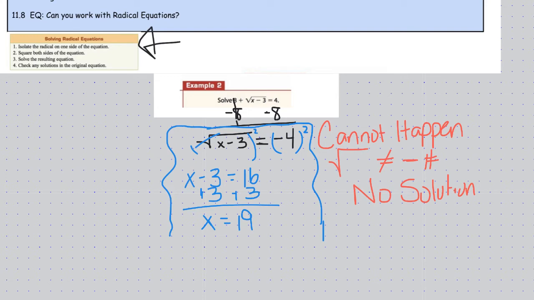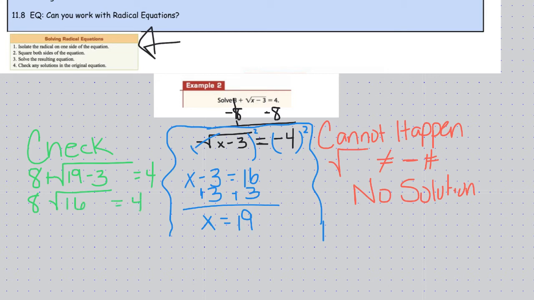Well, you're saying, well, Ms. Peacock, it has an answer. So let's check that answer. We're going to plug that 19 in. That says 8 plus the square root of 19 minus 3 equals 4. 19 minus 3 is 16.